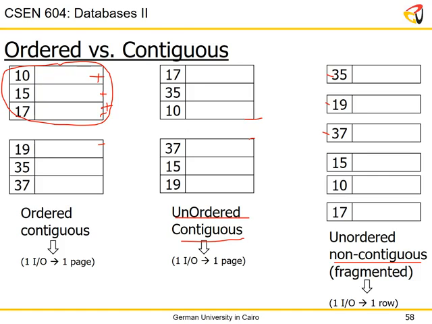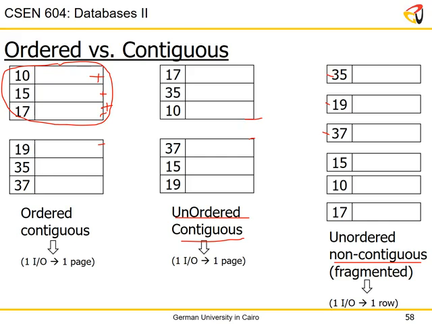So the general case is that when I do an I/O, I will be reading one row. So to read these 6 rows, I will spend 6 I/Os. The first I/O to read 35, the second I/O to read 19, the third I/O to read 37, and then the 15, the 10, and the 17. Obviously, this is a worst case scenario, not a general case.